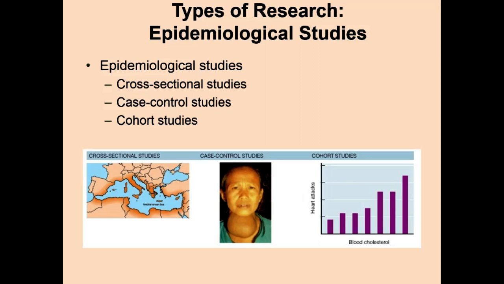And this graph over here on cohort studies shows how a certain group of people were followed over time and their blood cholesterol levels were measured and how that correlated with heart attacks.